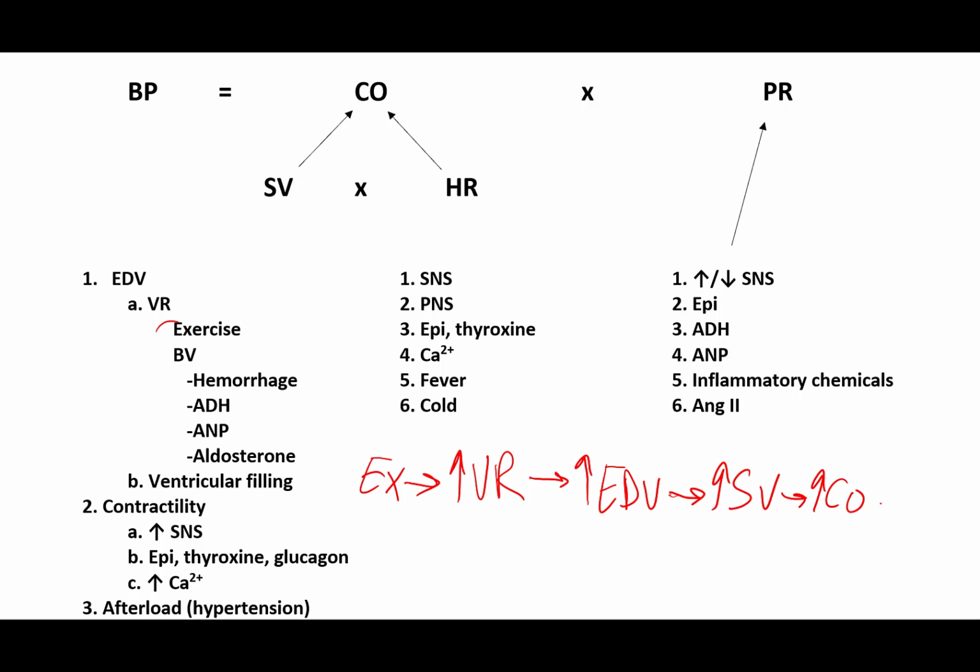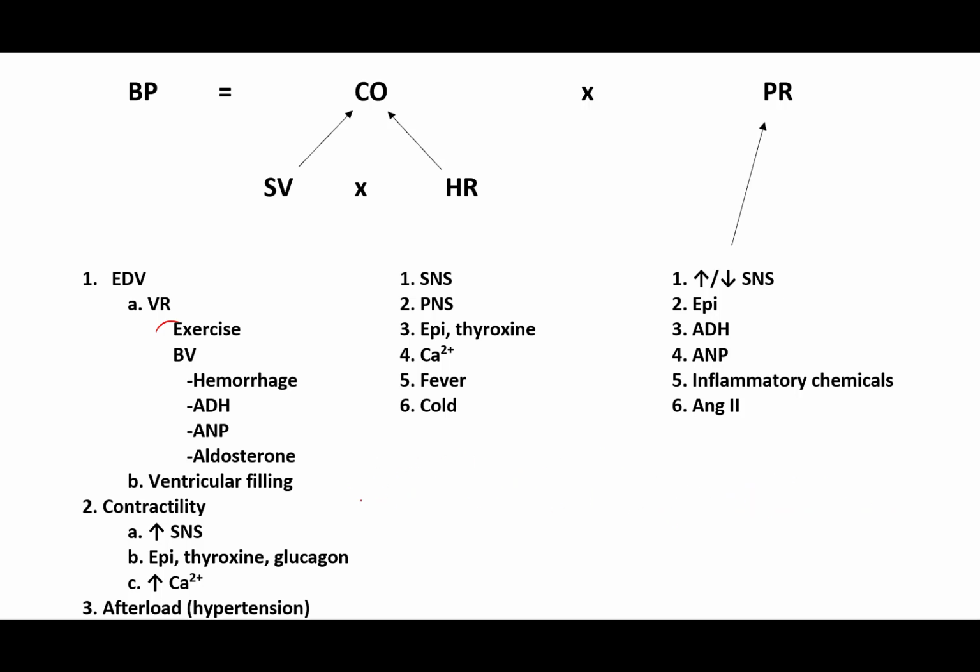And if there's an increase in cardiac output, blood pressure will go up. So exercise causes an increase in blood pressure. It does that following these means. Exercise increases venous return, which increases EDV, which increases stroke volume, which increases cardiac output, which increases blood pressure. So that's going to be how we use this chart and how those flow charts work.